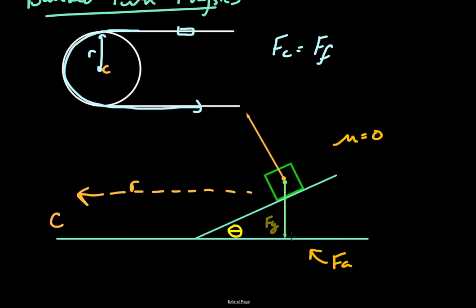You still have gravity, and it does play a role here. There's still going to be gravity acting on this object called Fg, which is equal to mg. But the object is not accelerating in the y plane, so there must be a force equal and opposite to gravity in the upward direction. This is a component now of the normal force.